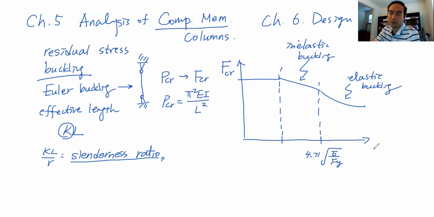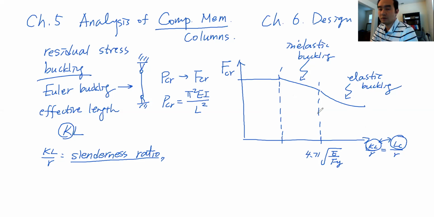If your slenderness ratio KL over R, or in your textbook they use L sub C over R, where L sub C is the effective length KL, the same thing, is less than or equal to 4.71 times square root of E over Fy, then we're in the inelastic buckling range, and we compare to the yielding limit state, so the smaller is going to be your capacity. If your slenderness ratio is larger than this, then it is the elastic buckling range, and we have a different formula.